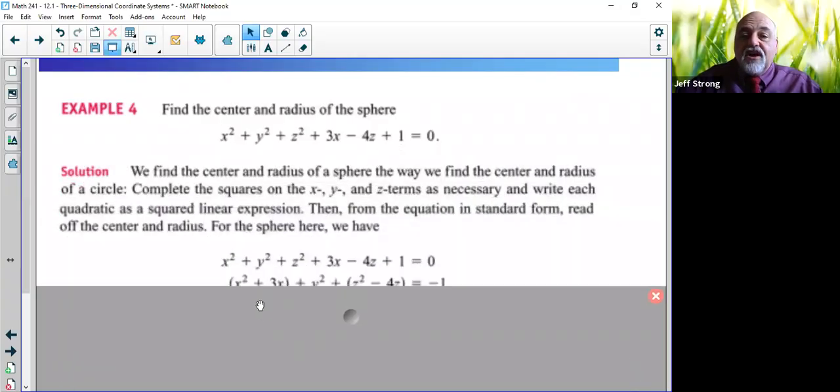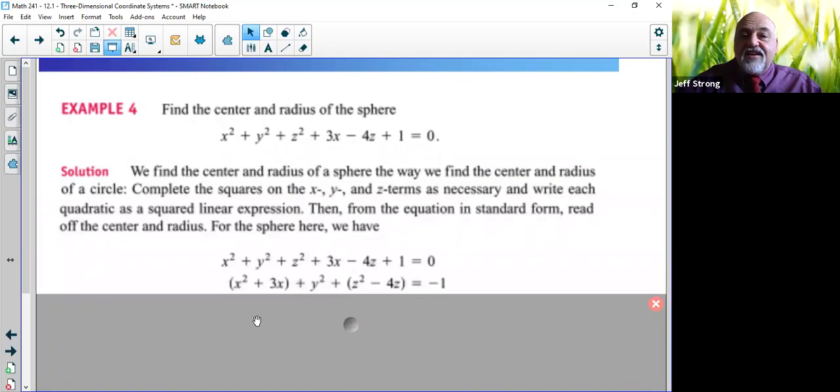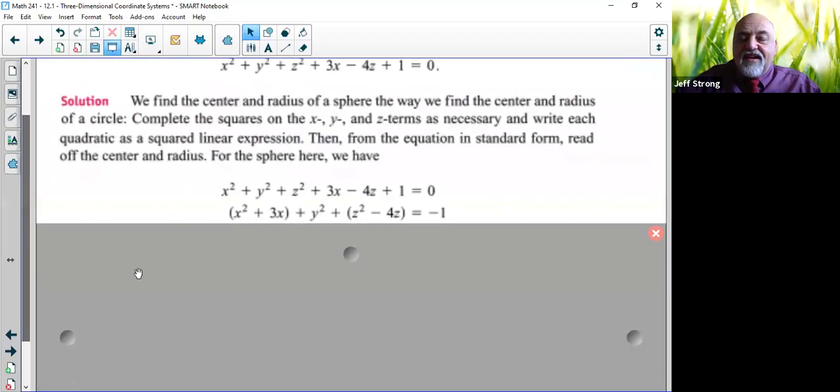So x squared plus 3x; y squared, and there's no other y terms, so just y squared; and then z squared minus 4z. Any constants, like the 1, we just move to the other side to get it out of the way. Now we're going to complete the square 3 times.